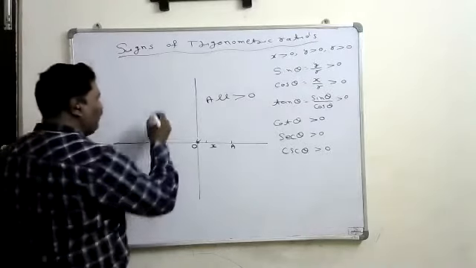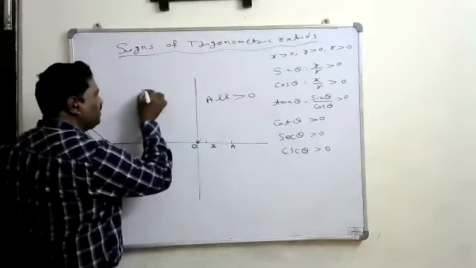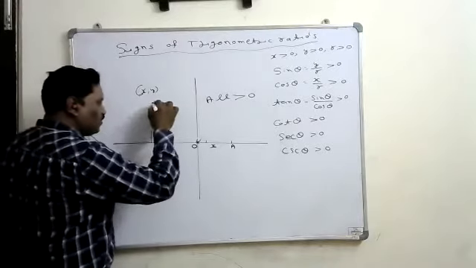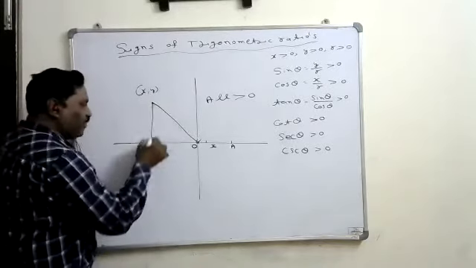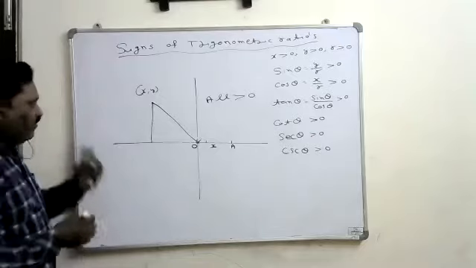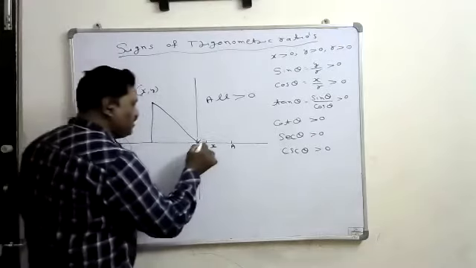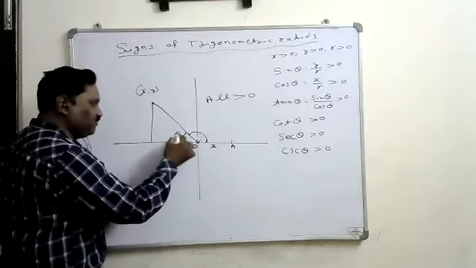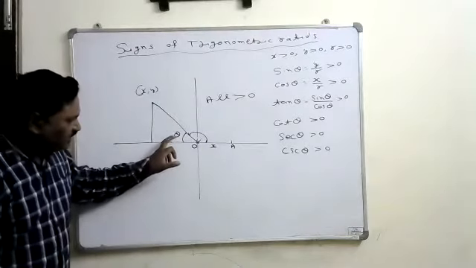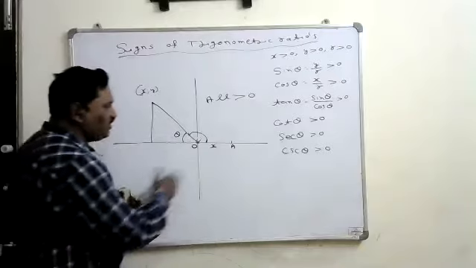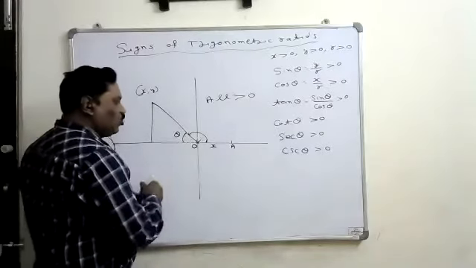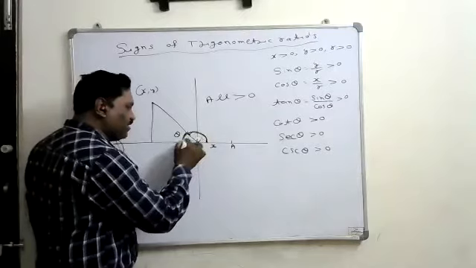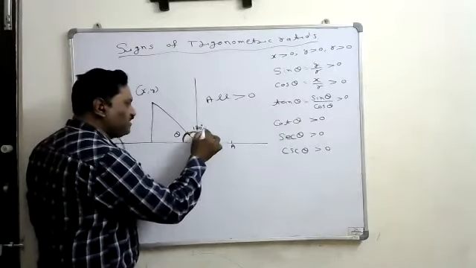Suppose I take the point (x, y) in the second quadrant. From this point, draw the perpendicular onto the x-axis. If I take the point in the second quadrant, the angle to consider is 180 minus theta, because this total angle is 180, and if I separate this theta, it is 180 degrees minus theta.